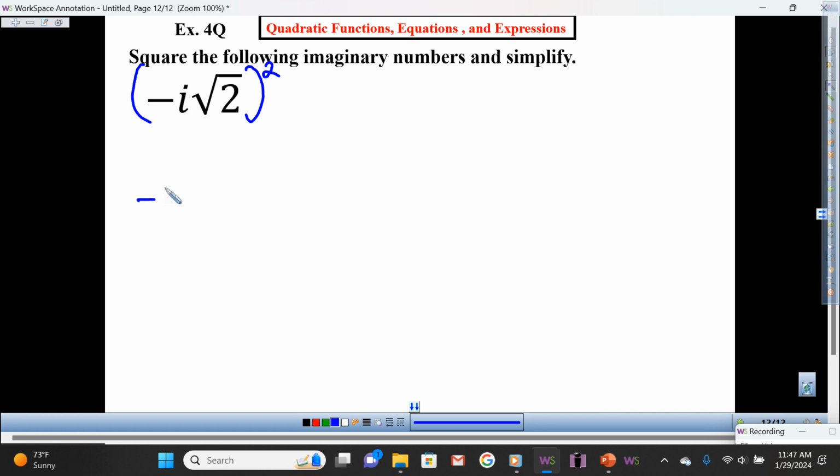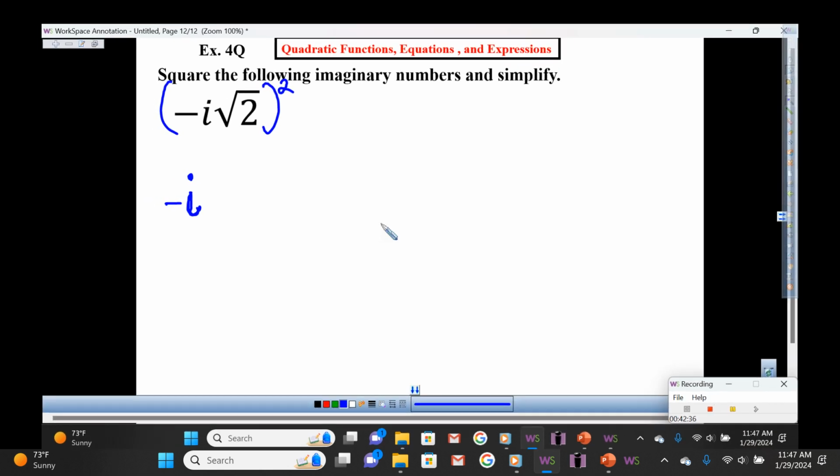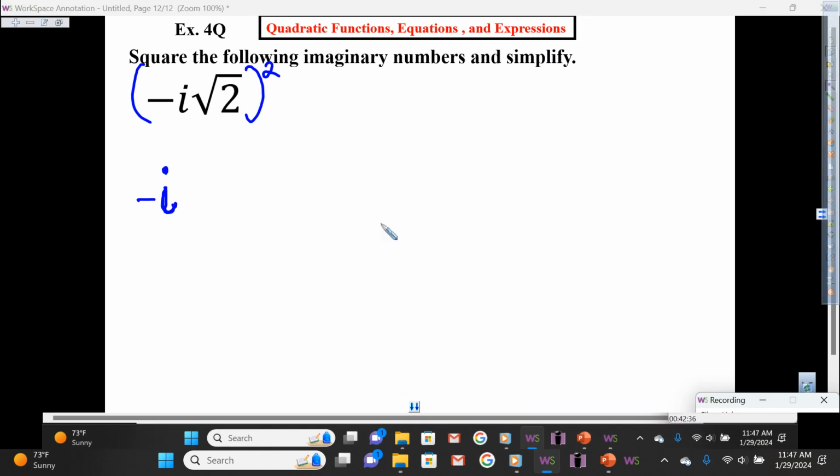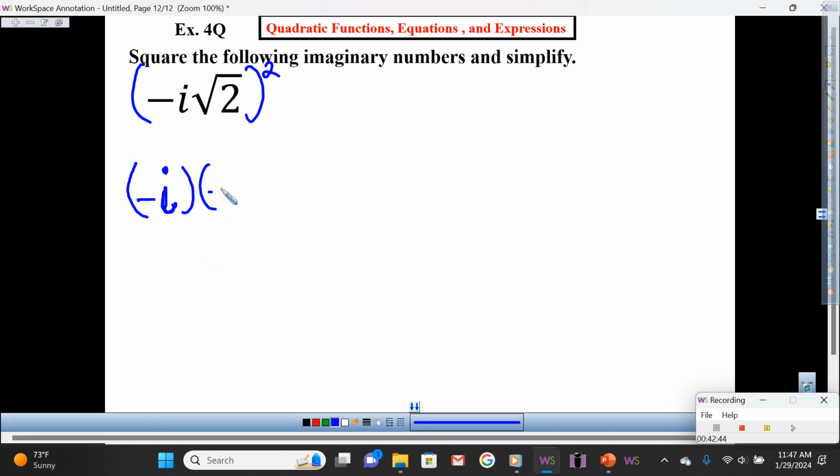Let me write it out. -i times -i, then square root of 2 times square root of 2.